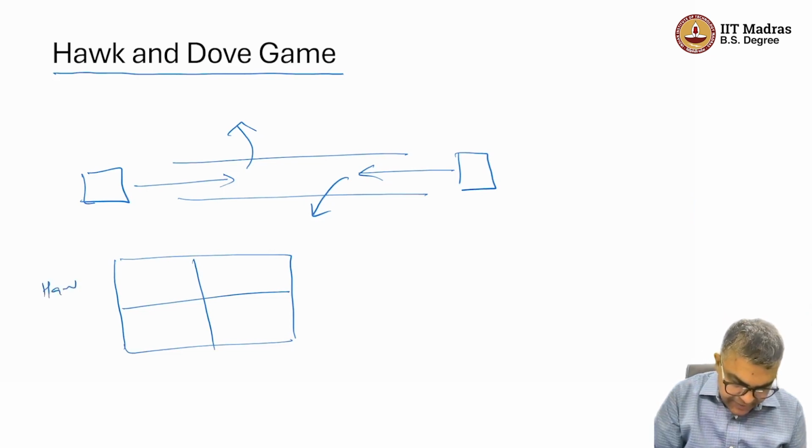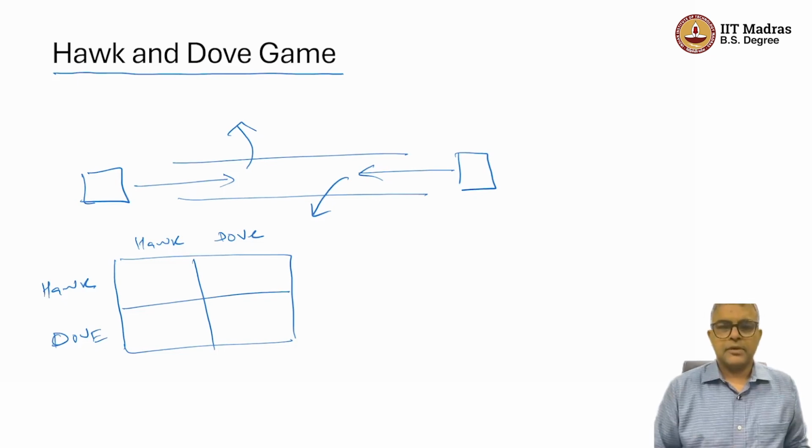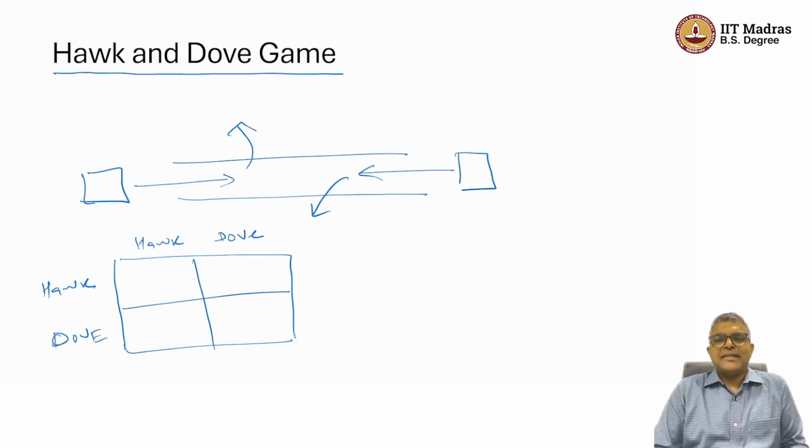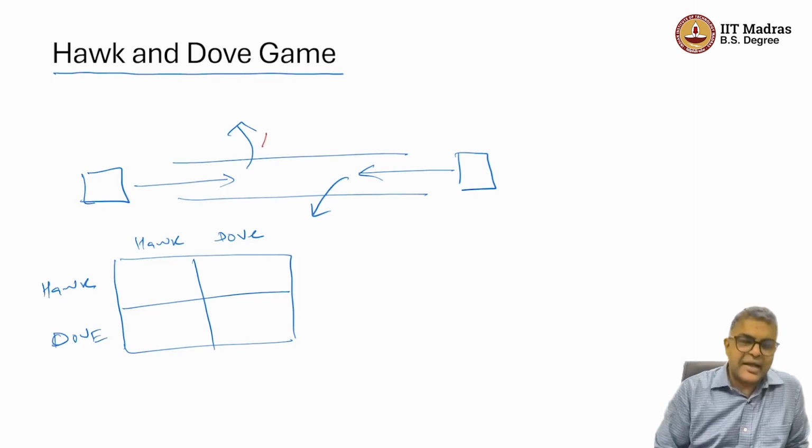They can behave like a hawk or a dove. What would be the hawk-like behavior? They continue driving, but the end result would be that they would collide and harm one another severely. Dove-like behavior would be to change path, and it would be best for both of them.